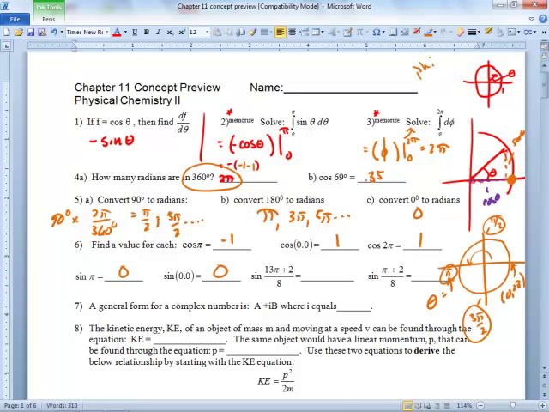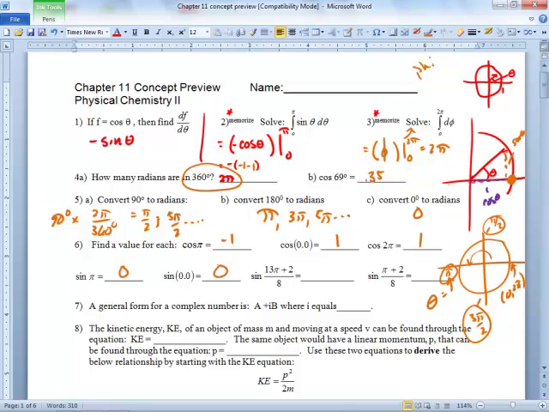Sine of 13 pi plus 2 over 8. Oh, that's what calculators are for, I figure. Now, to get the right answer, though, make sure you switch to radians. What did you get? 4? Really?